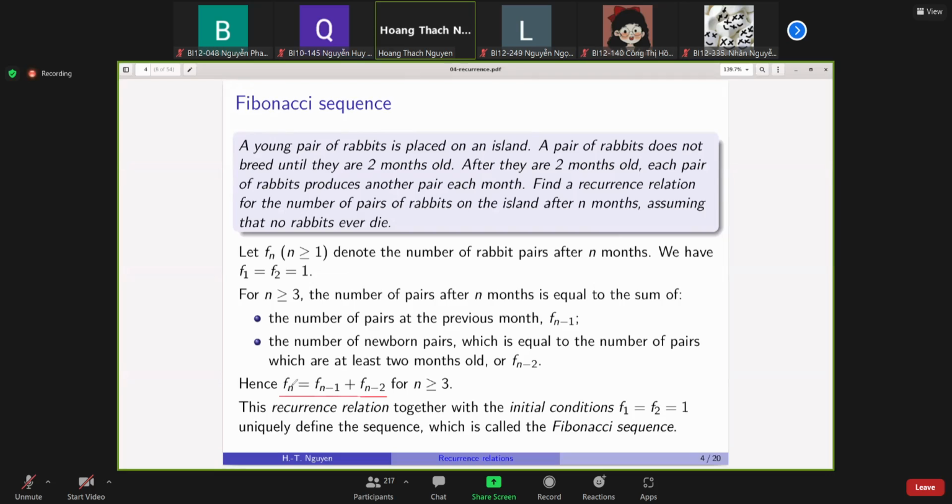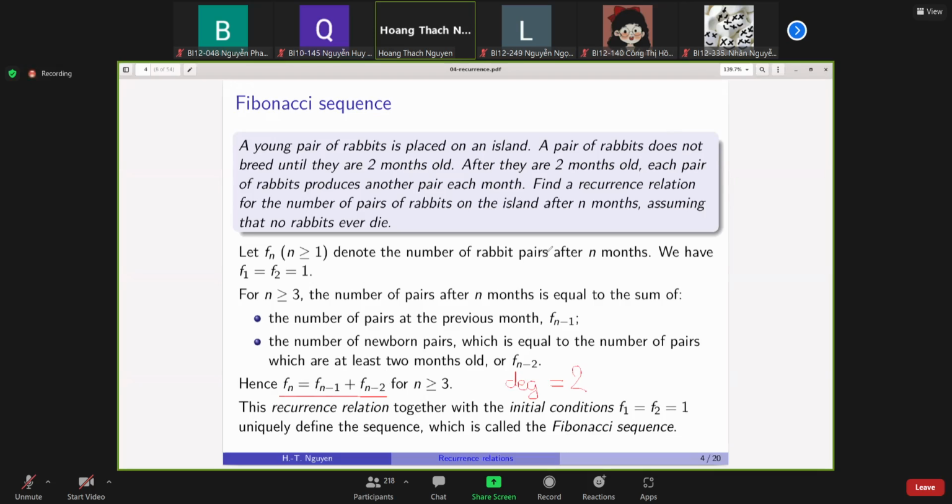In order to calculate Fn, we need to know the two previous terms. We have to go back two indices, so this recurrence relation is said to have degree 2, because we have to go back two terms.